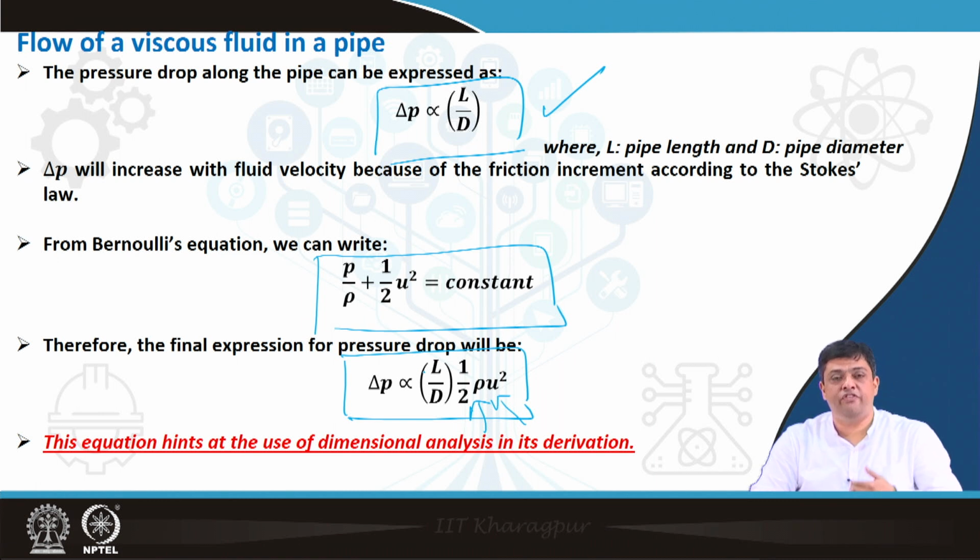If you have fluids with different densities, then the power output will be different, because the pressure by which the fluid is coming down would be different.